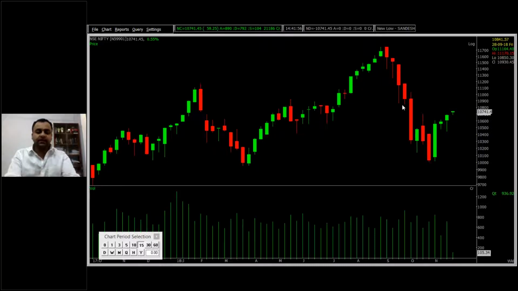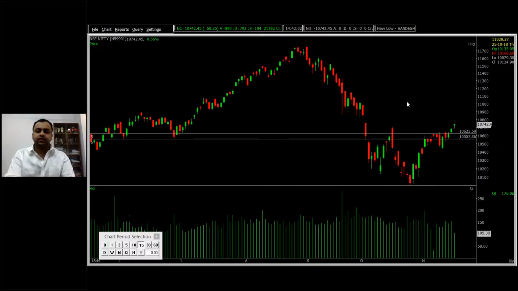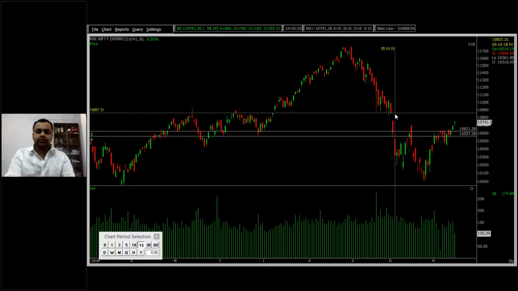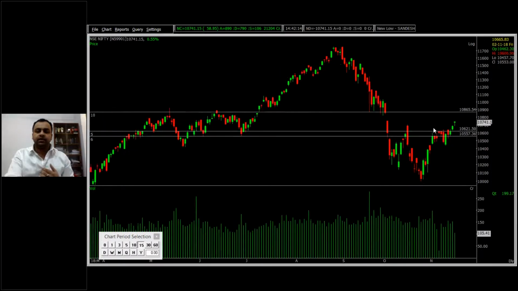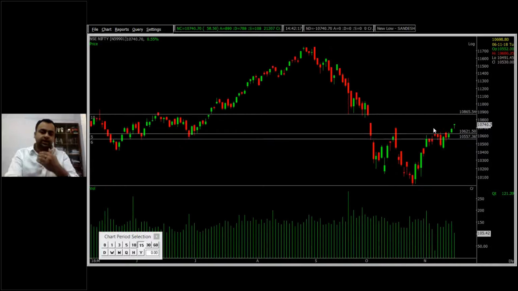On the weekly chart, and also on the daily chart, if I put these zones over here, they are extremely sensitive resistance zones. If the market comes over here, it is very likely to show some resistance immediately if it comes to around the 10,865, 870 zone, or even 850 around that level, which is just 100 points from here.